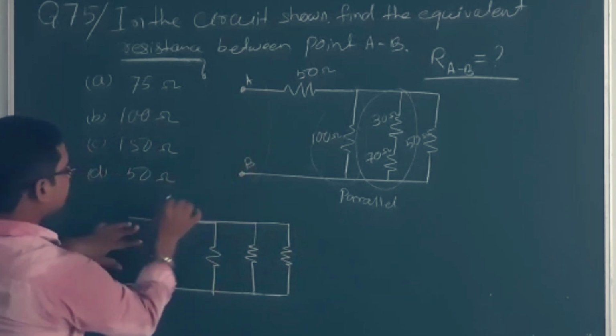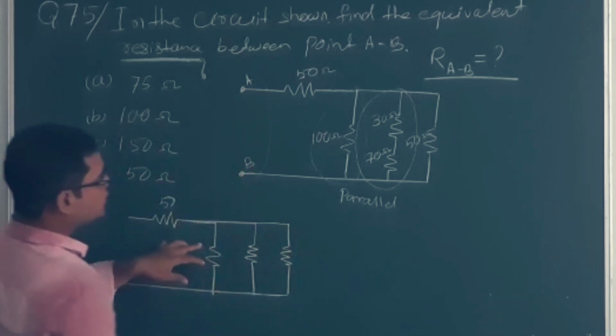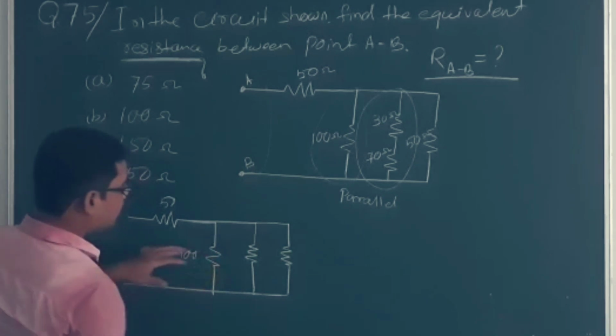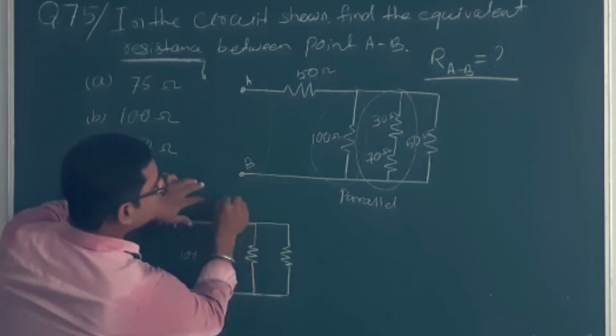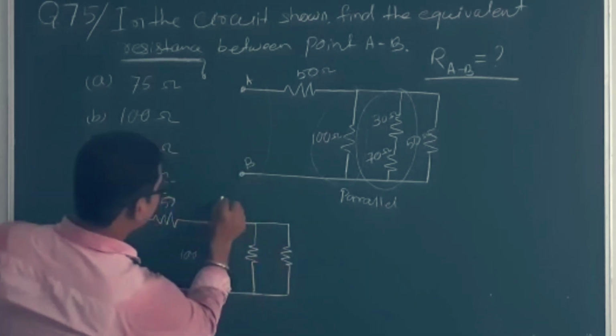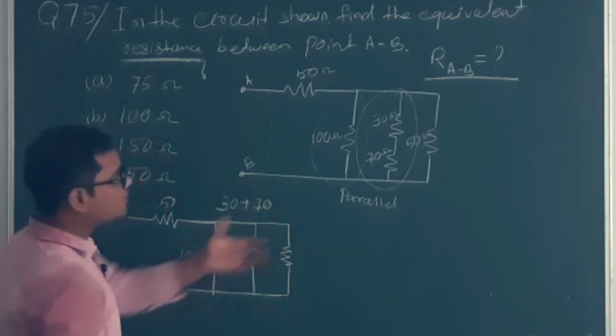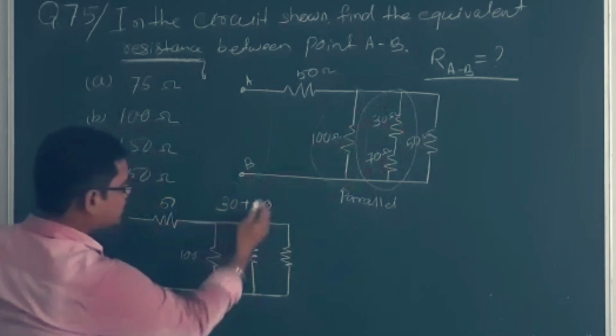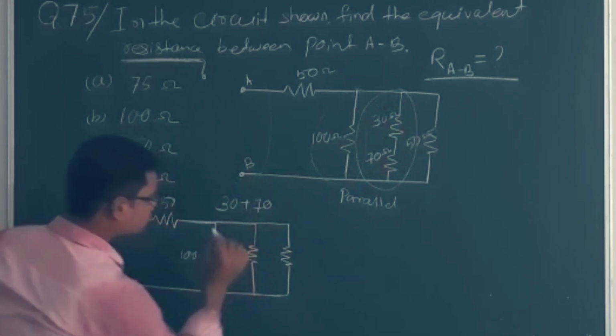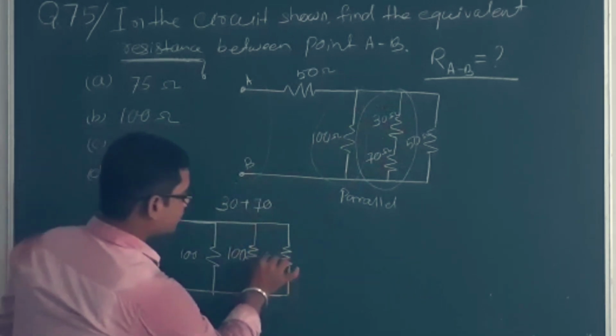So this is your 50 and this is your 100. This is 30 ohm plus 70 ohm, because they are in series. So 30 plus 70 is again 100, and this is your 50.